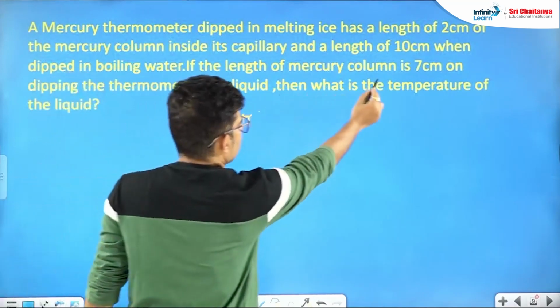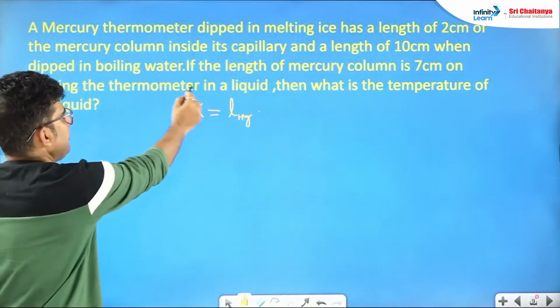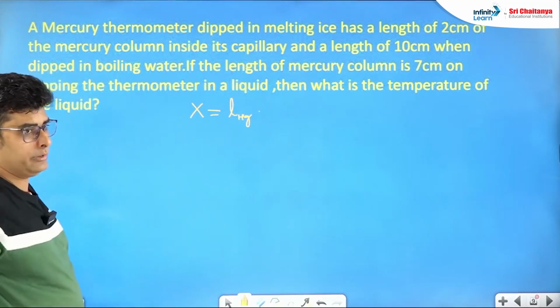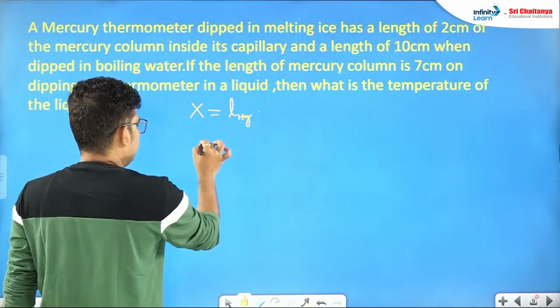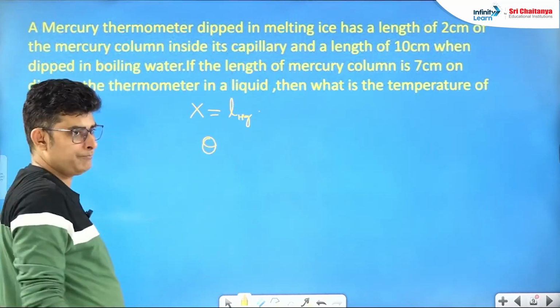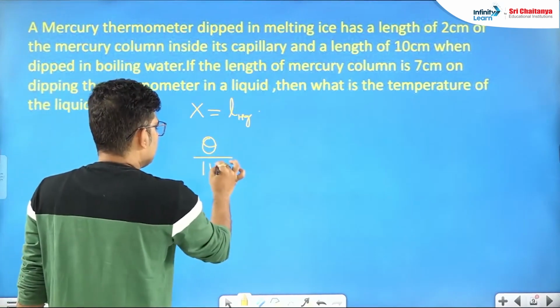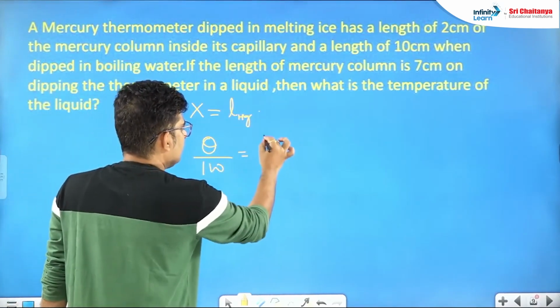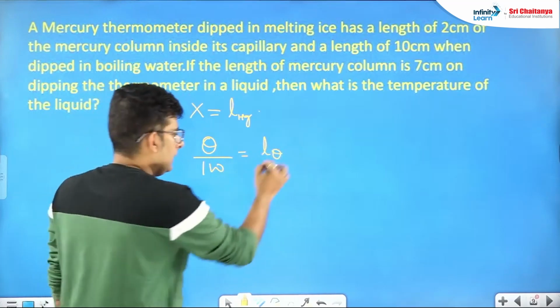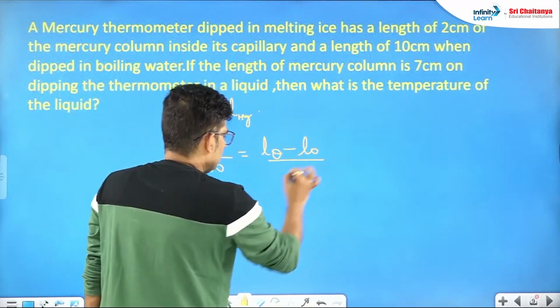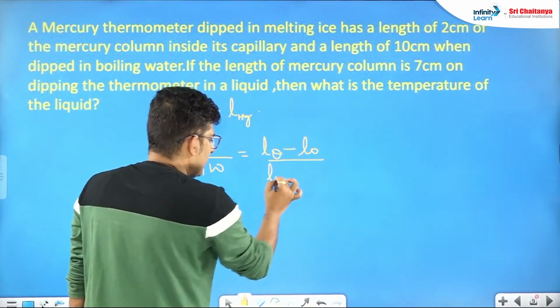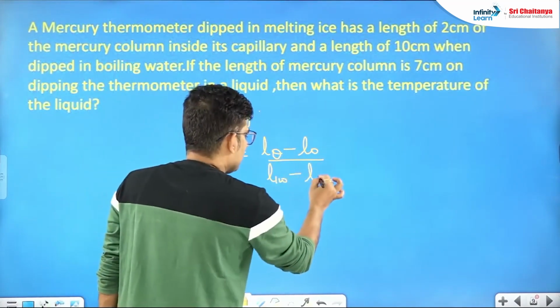So if the length of mercury column is 7 centimeter on dipping in a liquid, what is the temperature of liquid? If the liquid temperature is θ, then θ/100 is xθ. Here xθ will become Lθ, x0 will become L0, x100 will become L100.